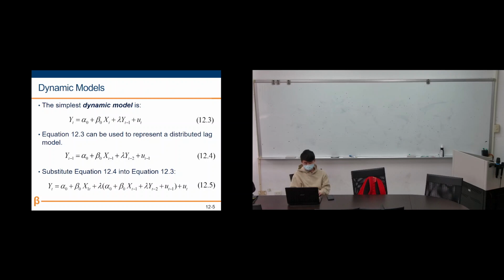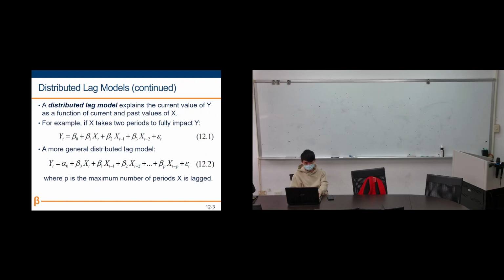For the distributed lag model, the expression in 12.1 or 12.2, the error terms should be IID, independently and identically distributed.